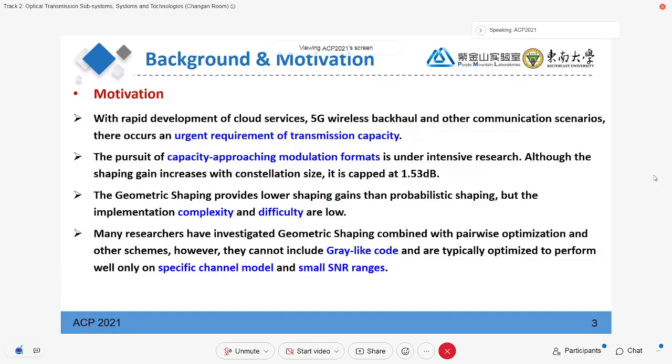Geometric shaping provides lower shaping gains than probabilistic shaping, but the implementation complexity and difficulty are low. Many researchers have investigated geometric shaping combined with pairwise optimization and other schemes. However, they cannot include grid-like code and are typically optimized to perform well only on a specific channel model and small SNR ranges.